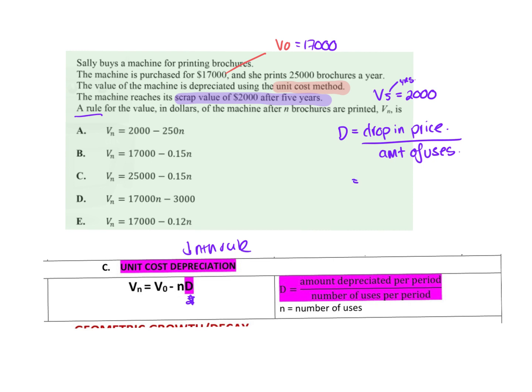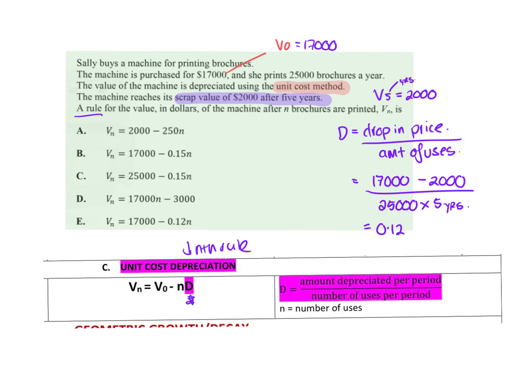If you think about the drop in price, it was 17,000 and it went to 2,000. The amount of uses: it uses it for 25,000 each year, but we had 5 years, so I'm going to do times 25, 5 years. When you do that, you end up with 0.12. What does that mean when it's 0.12?